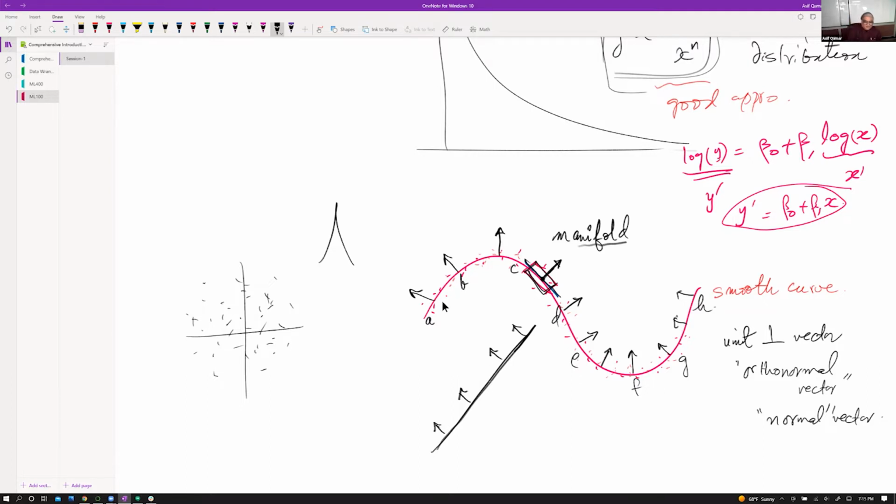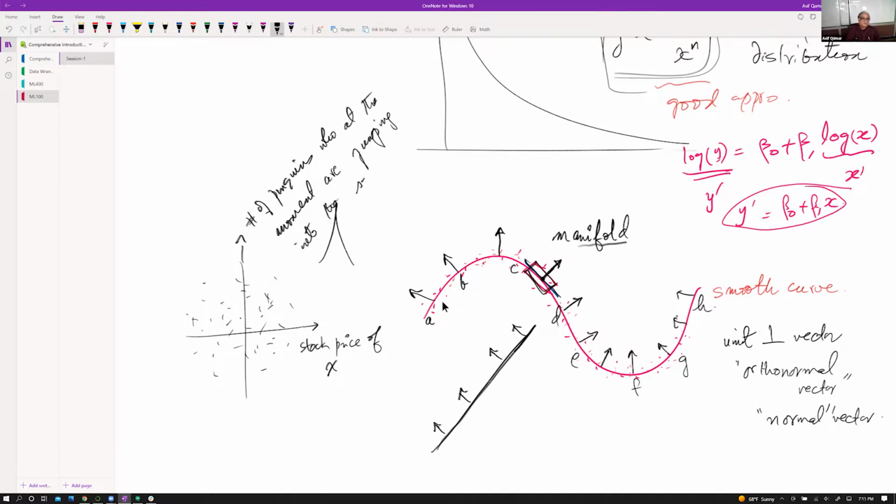So for example, this could be the stock price of some company, let's say X. And this could be the number of penguins who at that moment are jumping into the sea, the sea from some island or from some glacier.